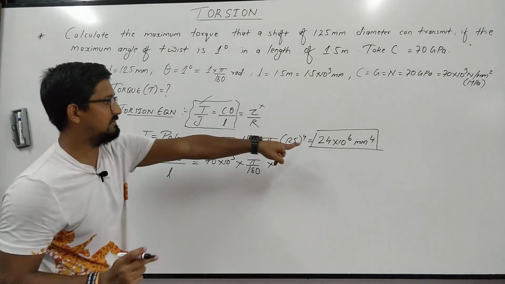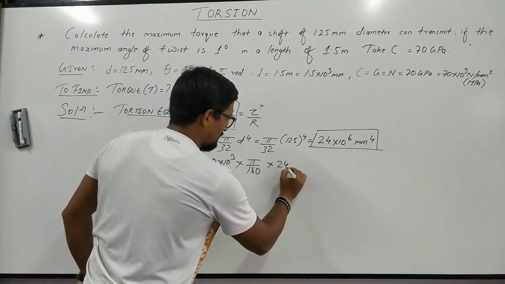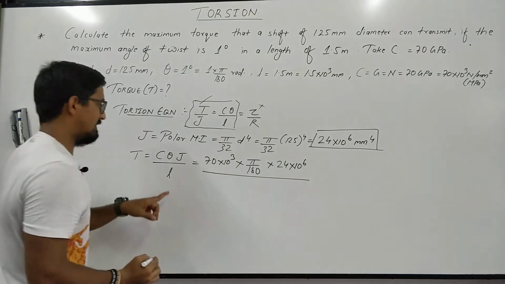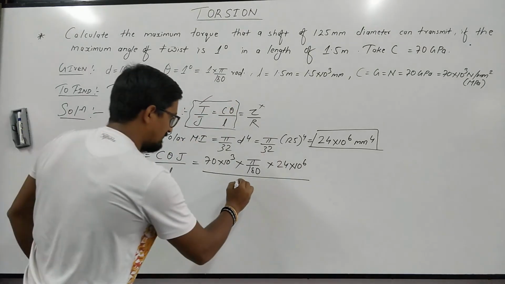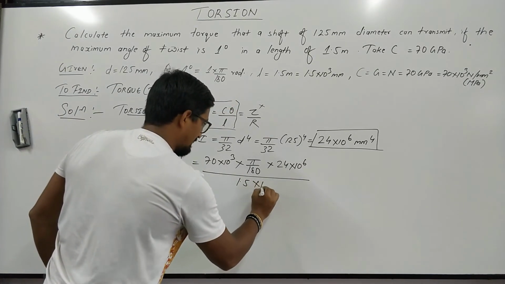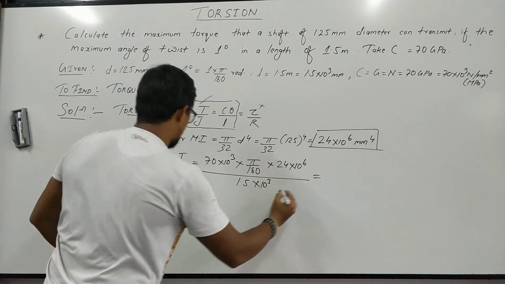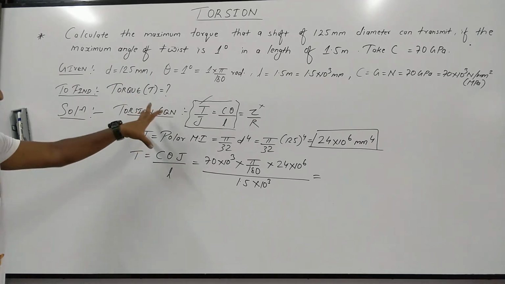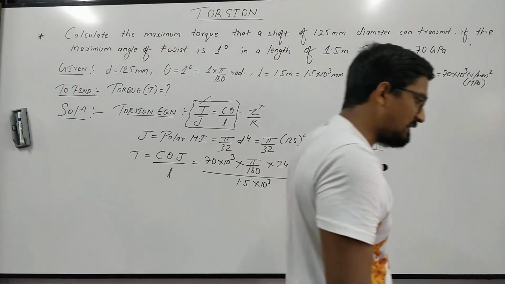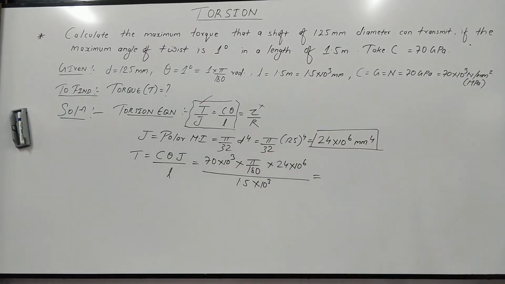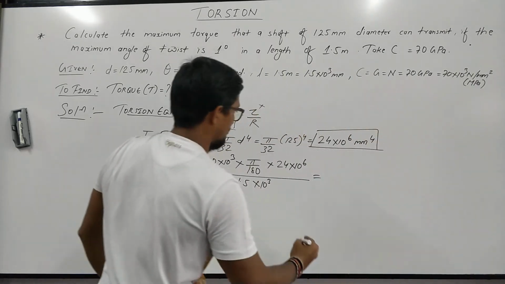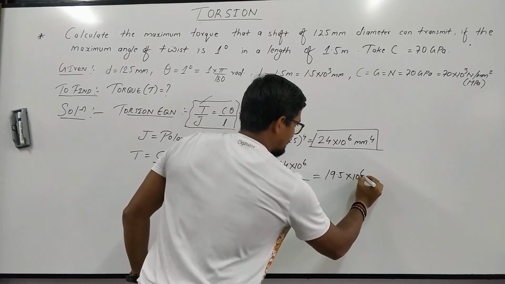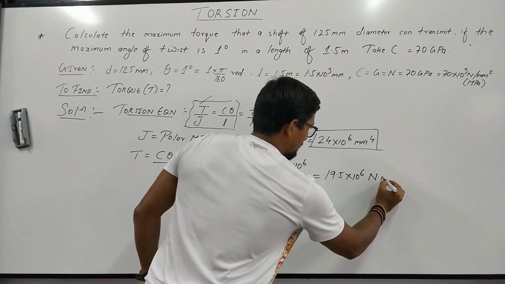J is what we just calculated, the polar moment of inertia, 24 into 10 raised to 6, whole divided by the length of the shaft, which is 1.5 into 10 raised to 3. In this way we can calculate the torque transmitted by the shaft using the torsion equation. Let me check the answer. It is coming out to be 19.5 into 10 raised to 6 Newton mm.